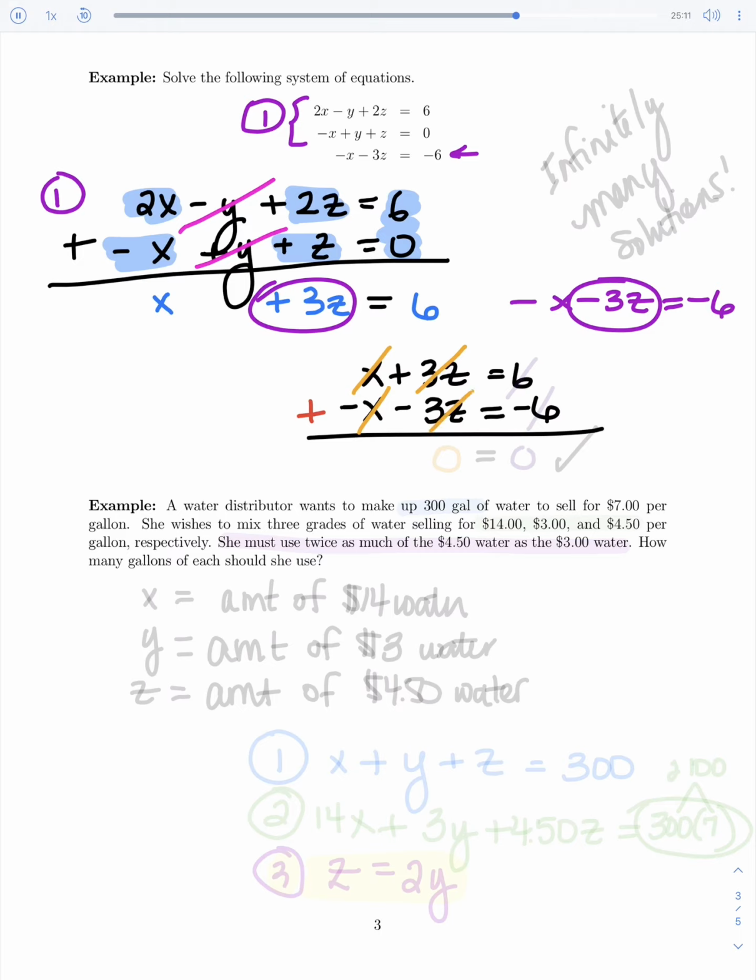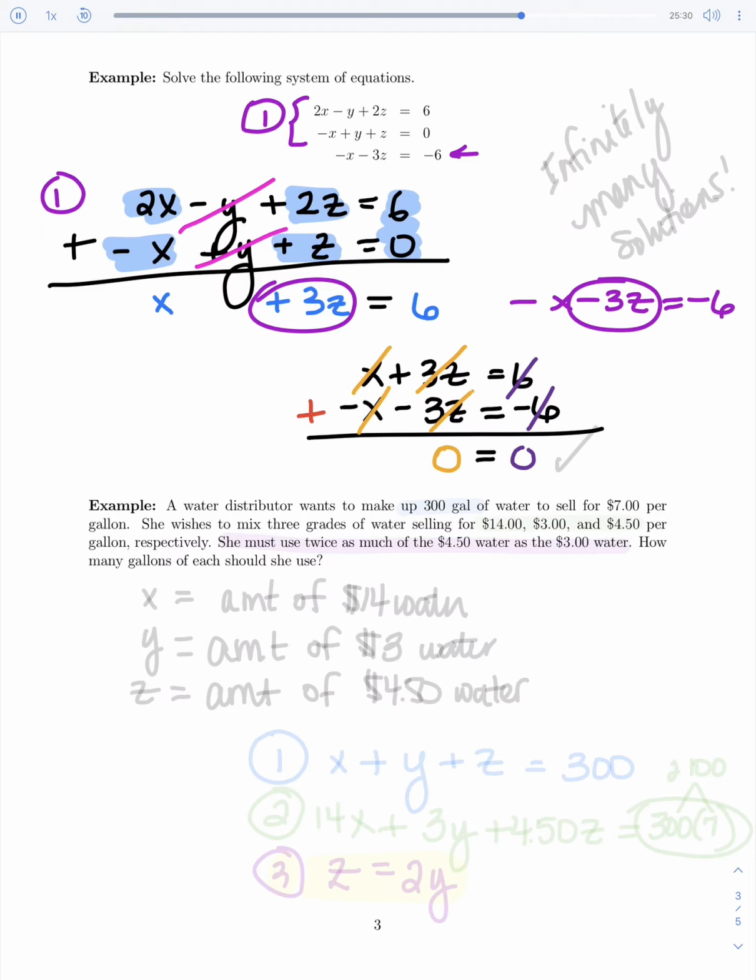The 3z and negative 3z will cancel, so that means everything canceled. You get a 0 on the left-hand side. Equals, well, on the right-hand side you also have a plus 6 and a negative 6, which when added will cancel out and give you 0 as well.